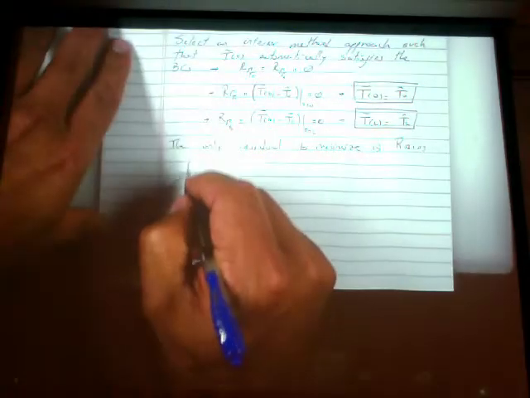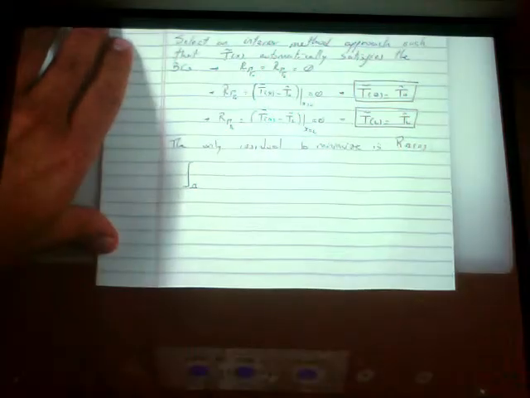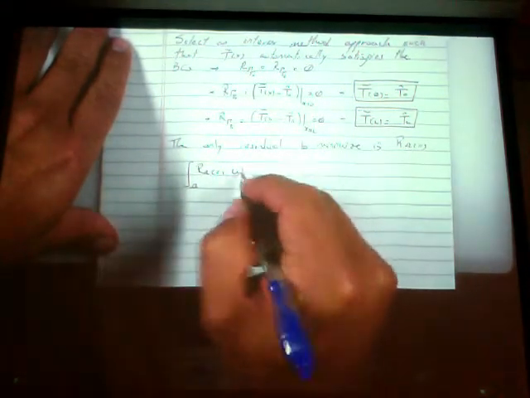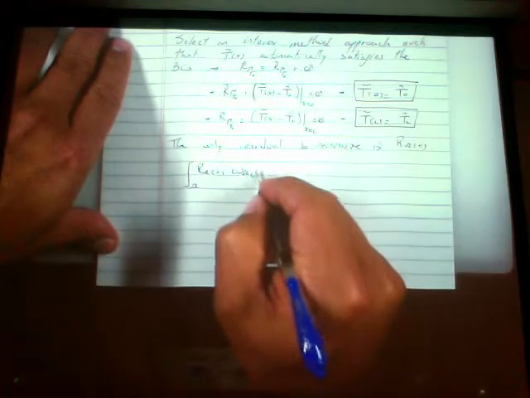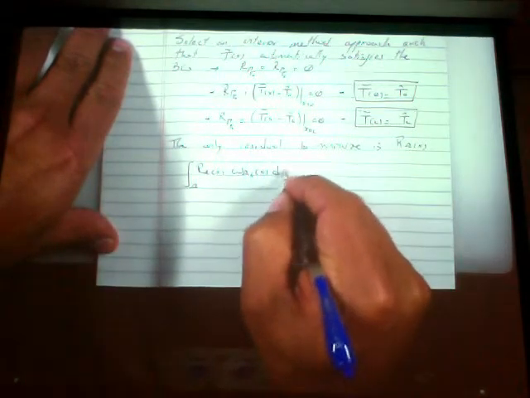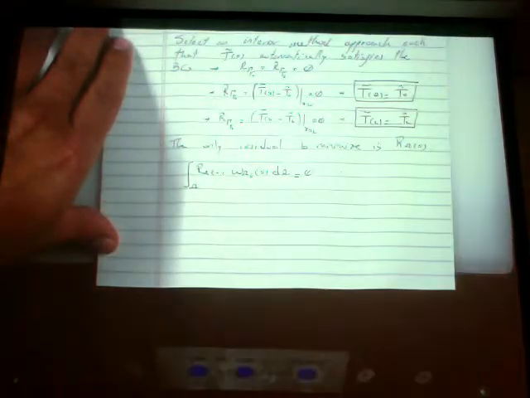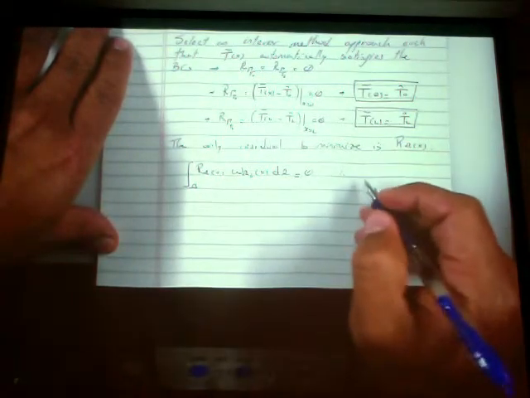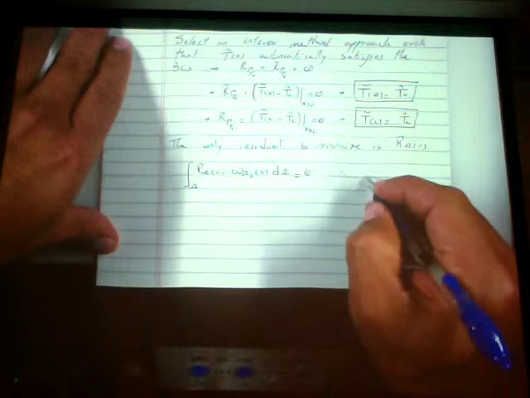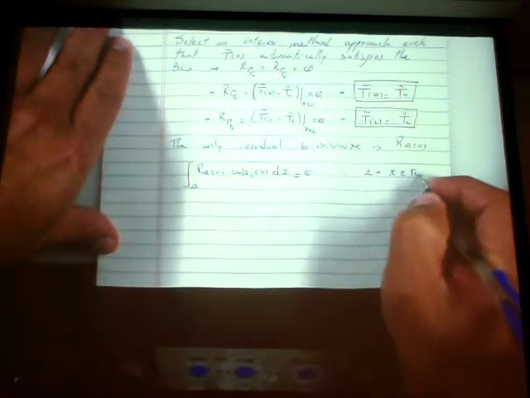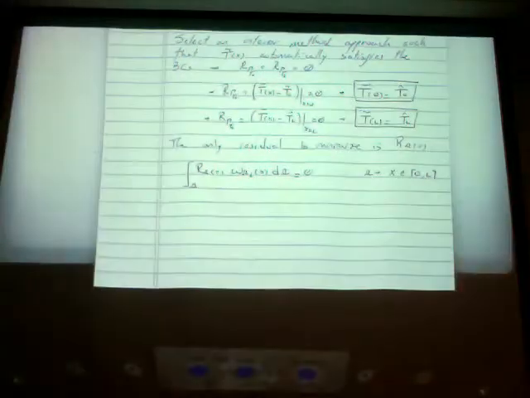We say, well, it's the integral over the domain of R omega times some weight functions omega must be equal to 0, such that x belongs to the interval between 0 to L. That's what the domain is.